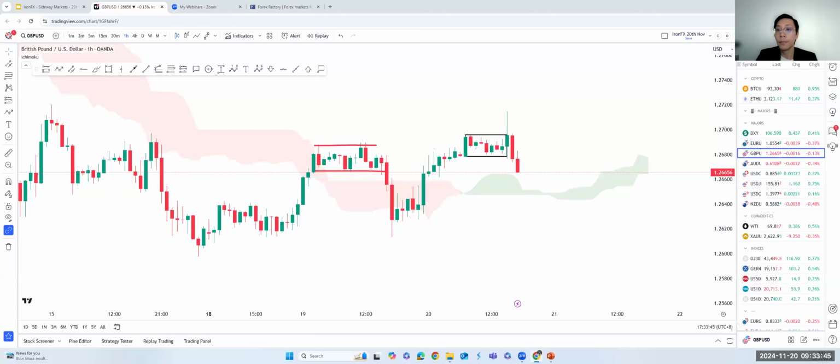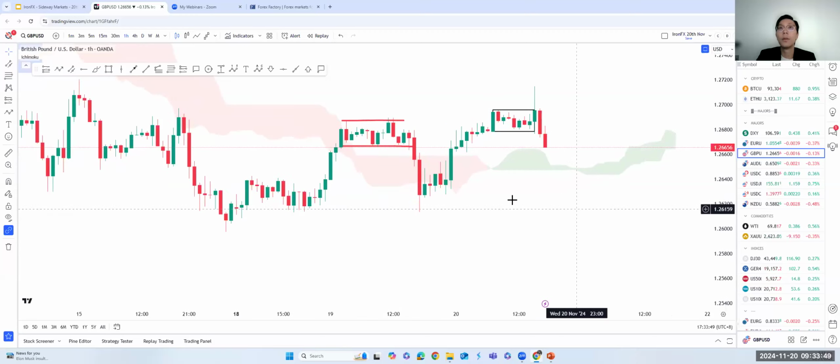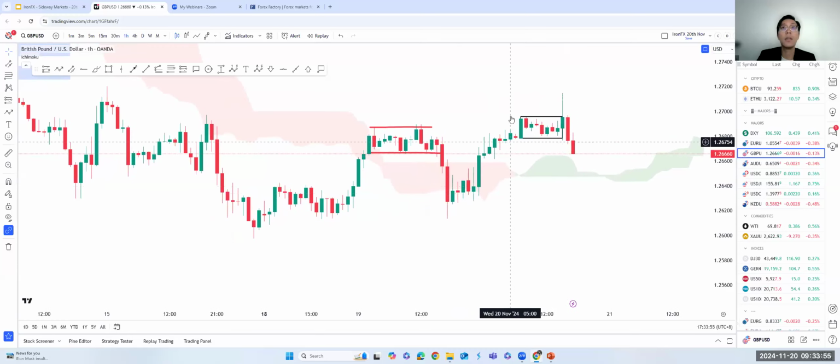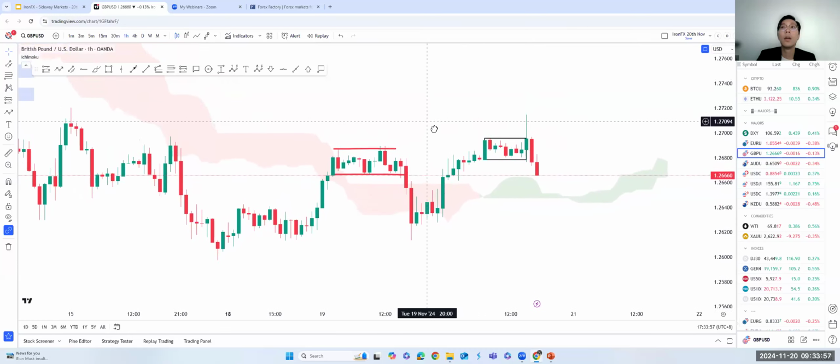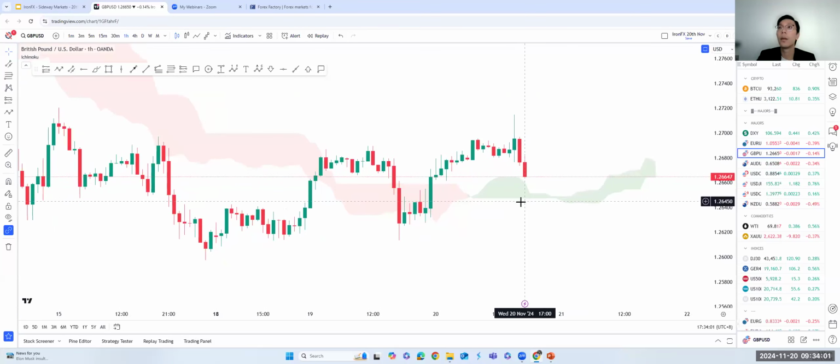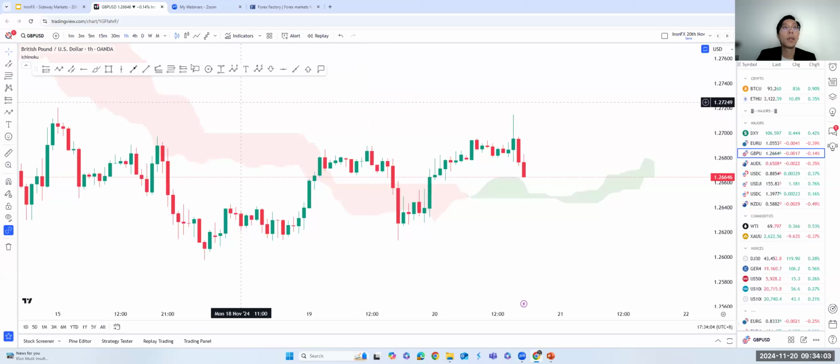Can you see? Just need to make sure you guys can see. Let me just clear this for a bit. There is one trick that I usually do. Let me just show you guys.